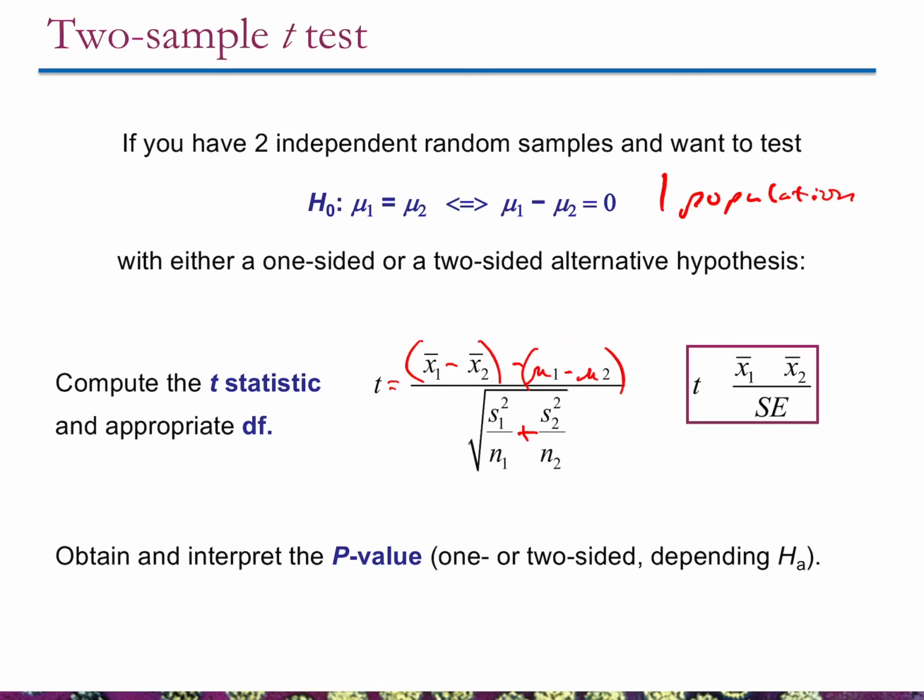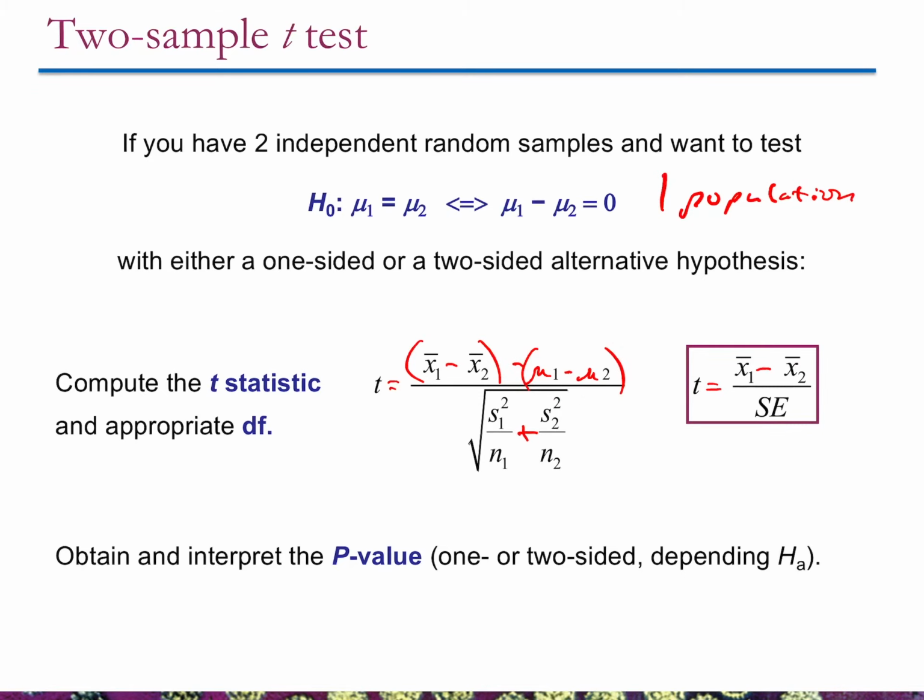That means we can discount this altogether. So we can simplify the formula for calculating t to this. We simply take the difference between our sample means and divide it by the standard error of the mean, which is this denominator term right here.